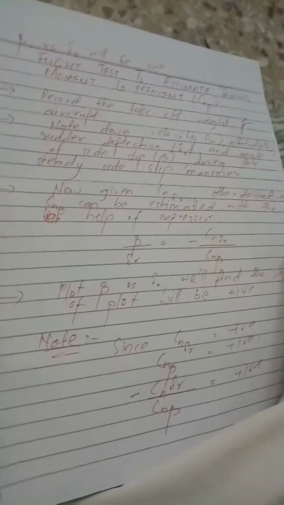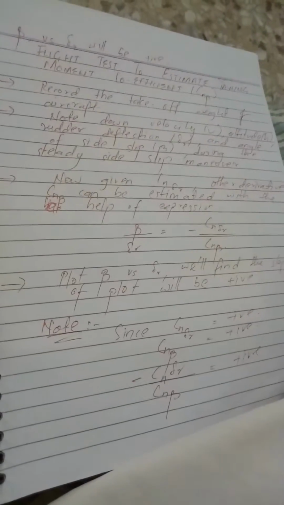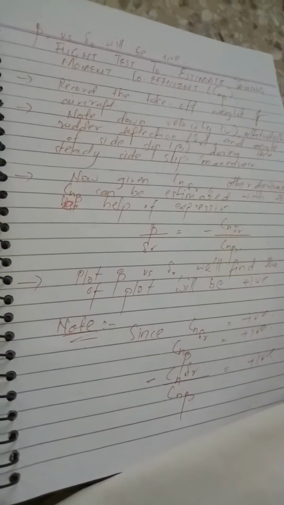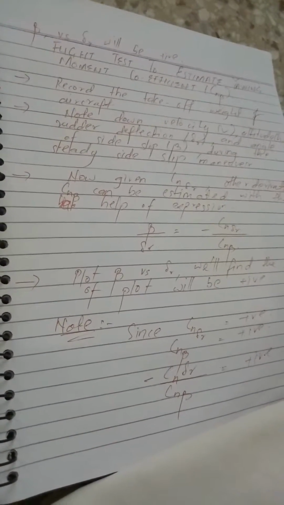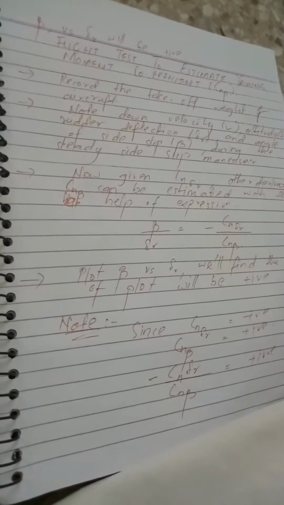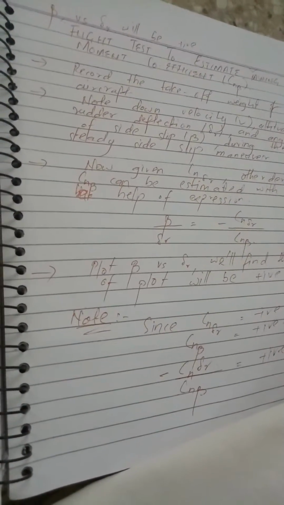We will find the slope of the plot will be positive. I can draw it right now, but you can draw it yourself. If there are any problems, we can discuss in the next or coming videos, where we can draw a plot, a graph as well, to show the relationship between beta and lambda R, and the slope would be positive.